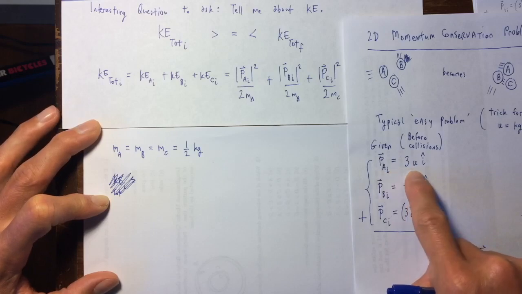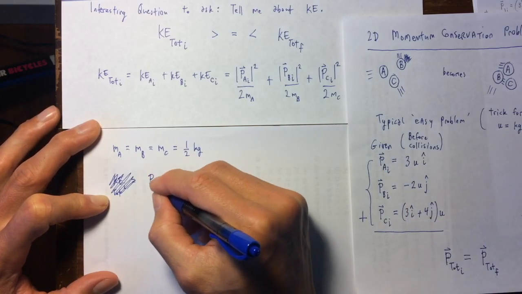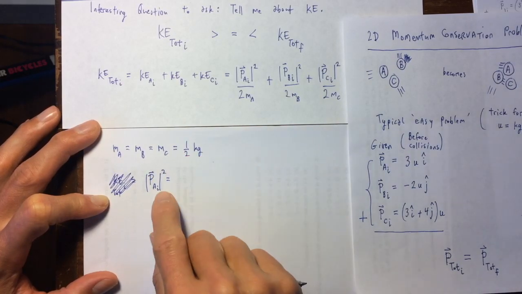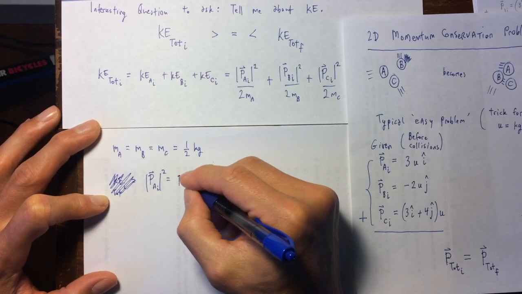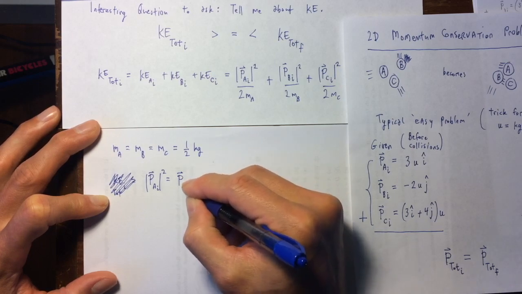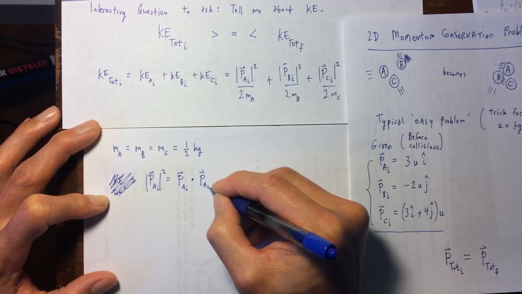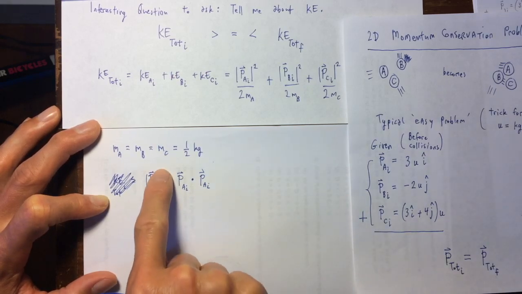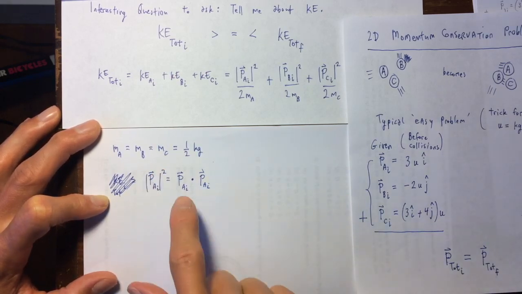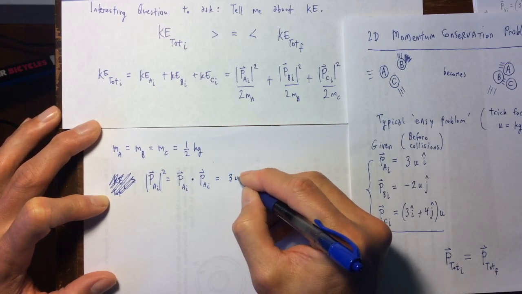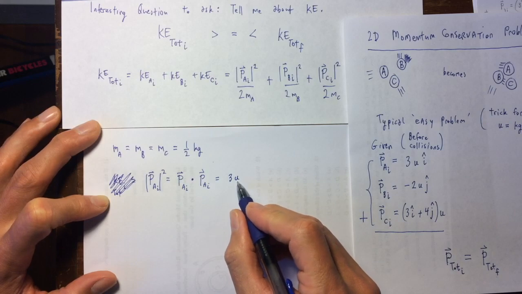So p sub A initial squared is equal to, this one's really easy. The way you do this is you go p sub Ai vector dot product p sub Ai. That will give you the magnitude squared. It's just the dot product of the vector against itself. So this is 3 units, right? Kilograms meters per second.